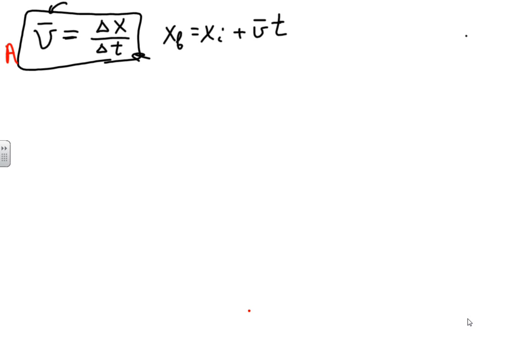So let's try a few, just to see if you understand things. Let's say you go 12 miles in 2 hours. 12 miles in 2 hours, the average speed is 6 miles per hour. It doesn't mean you're always going 6 miles per hour, but the total distance was 12 in the total time of 2, and 12 over 2 is 6.